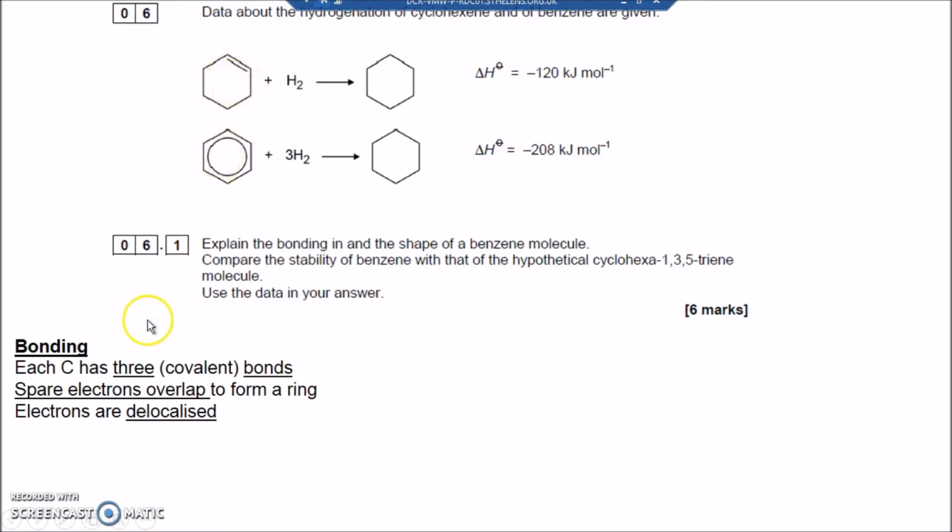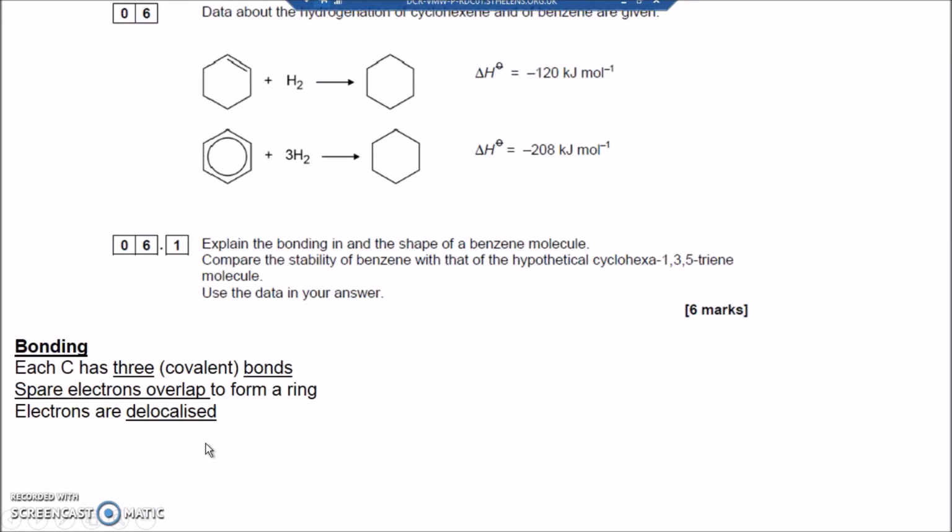The spare electron, the fourth electron that should be in a bond, overlaps. Overlaps means it's shared between each of the 6 carbons. Each carbon has a spare electron, and it's shared around, and it moves, and it's delocalized. Just something to remember.